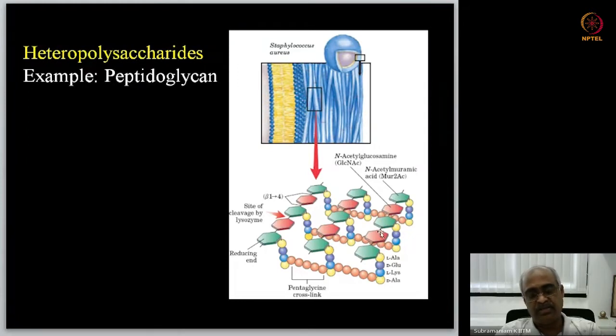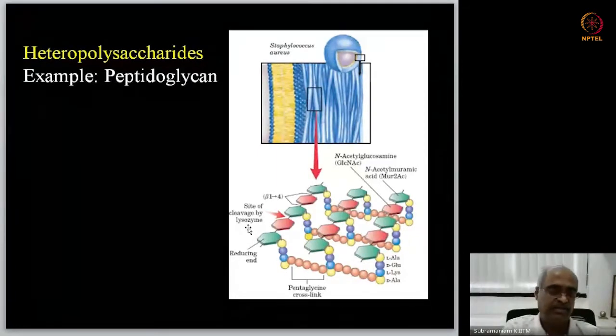destroying these peptidoglycans. For example, lysozyme, which is abundant in the tears secreted in our eyes, which protect the eyeball, the outer part, cornea, lens, etc. The eye is protected by the liquid, your tear, and the tear is rich in an enzyme called lysozyme.